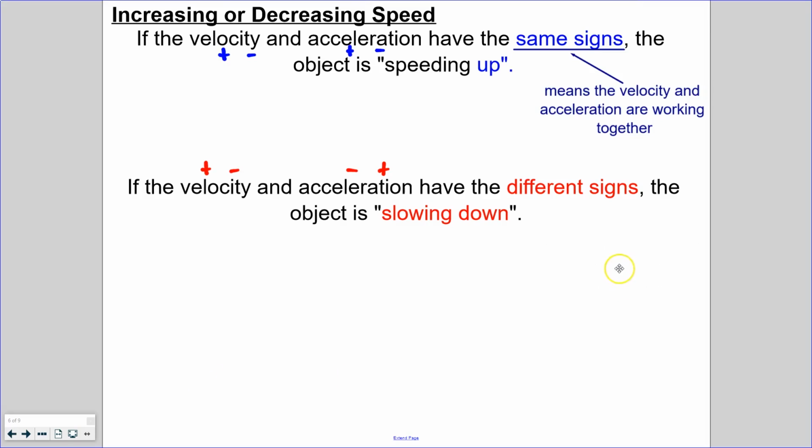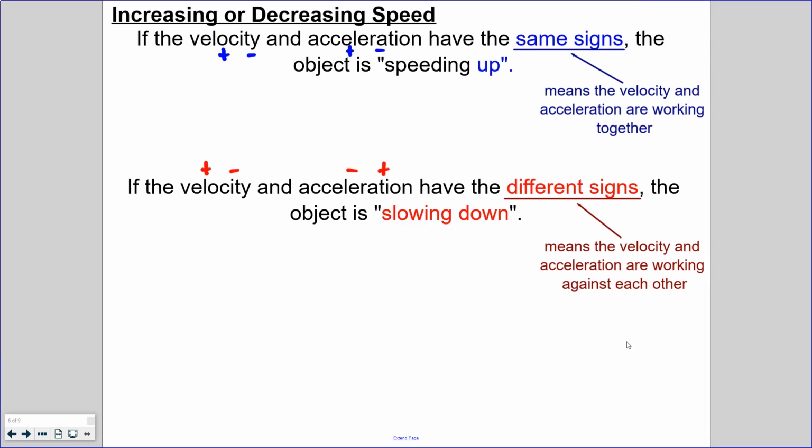And I like to think about it in a way that means the velocity and acceleration are working against each other. They are butting heads, they're arguing, they're not getting the job done, so therefore they are slowing down. So again, same signs, speeding up, different signs, slowing down.